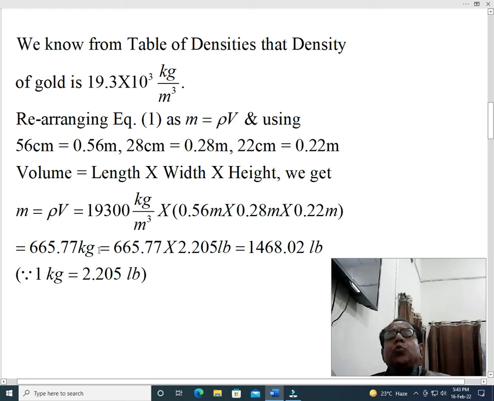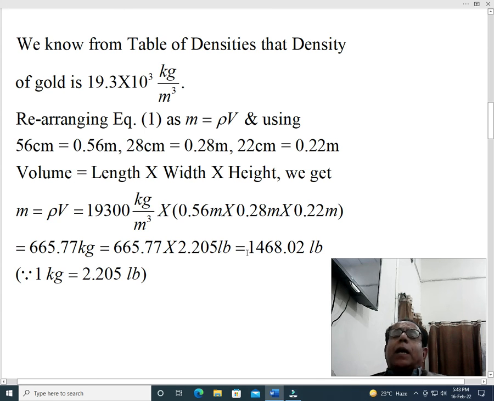Dear students, to this extent our answer is quite complete. We have solved our problem successfully. However, we can also give answer in shape of pounds. So if we want to convert this kilogram into pound, then we will have to multiply it with 2.205, then it will be converted into pound.